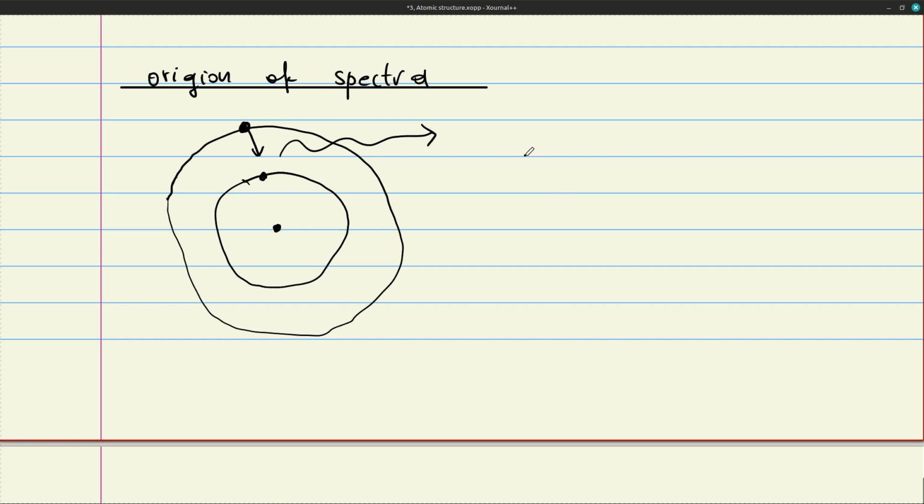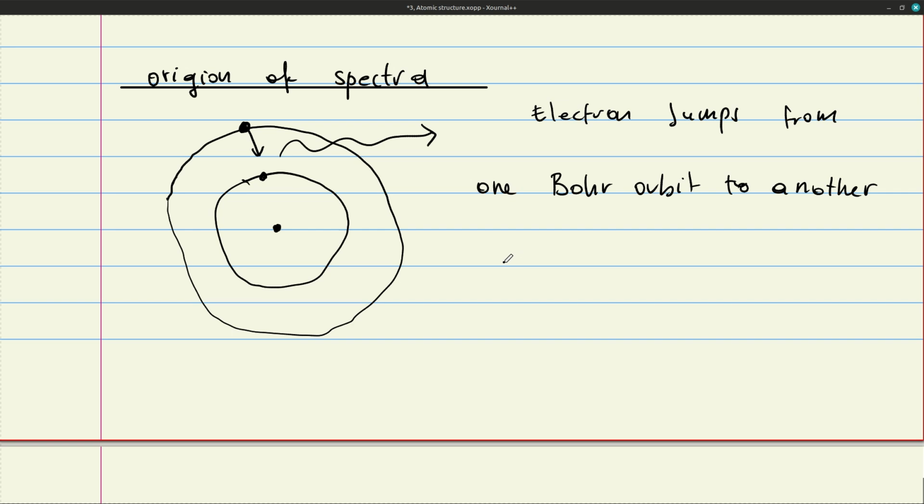And what we need to do is, okay, the electron jumps from one Bohr orbit to another, and we have to account for the energy.